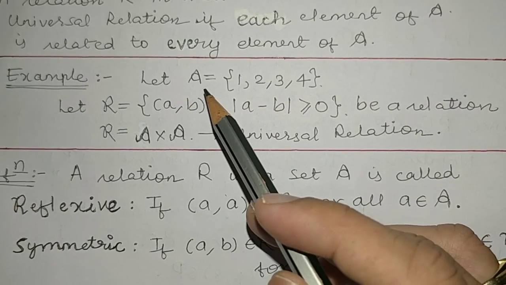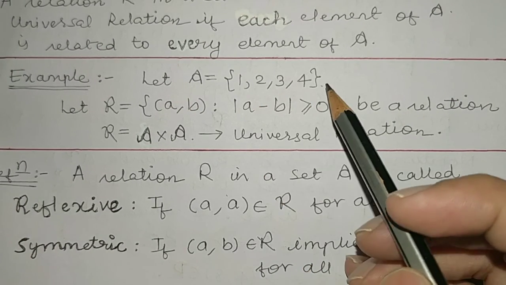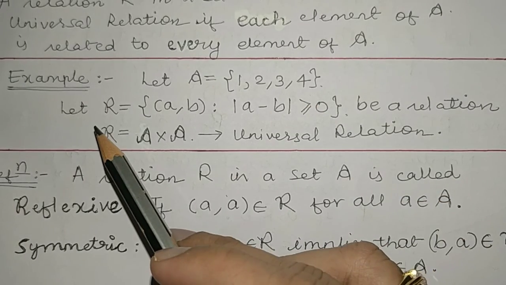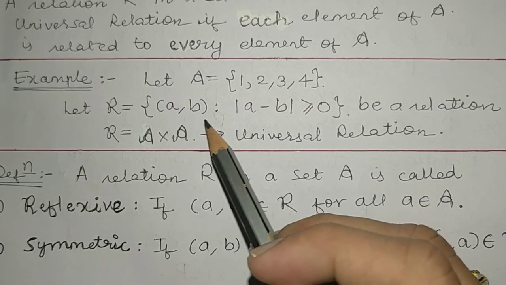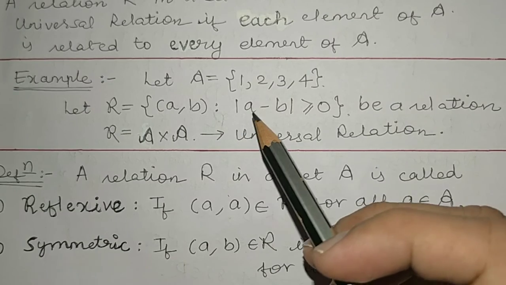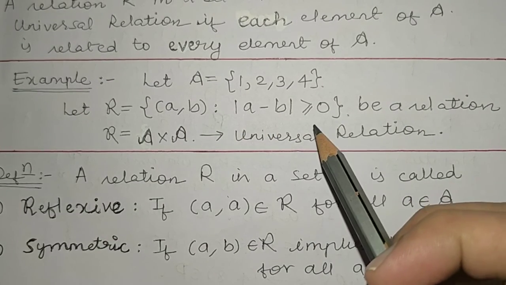Look at a set A equal to the set of elements 1, 2, 3, 4, and let the set R be equal to the set of all elements of the type (a, b) such that modulus of a minus b is greater than or equal to 0.